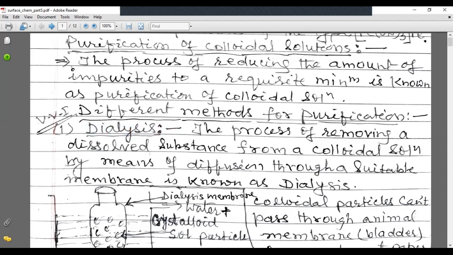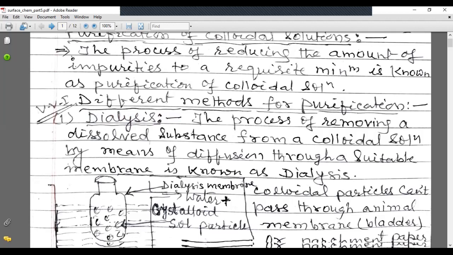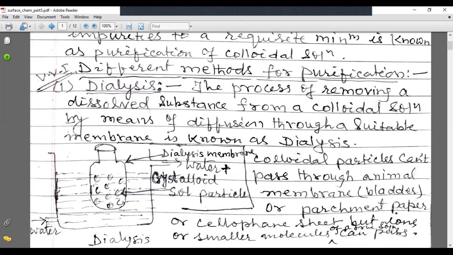The membrane we have already learnt in osmosis, here in solution chapter.